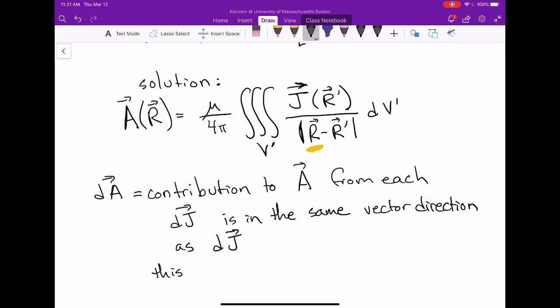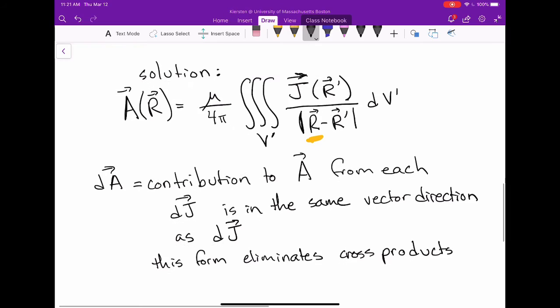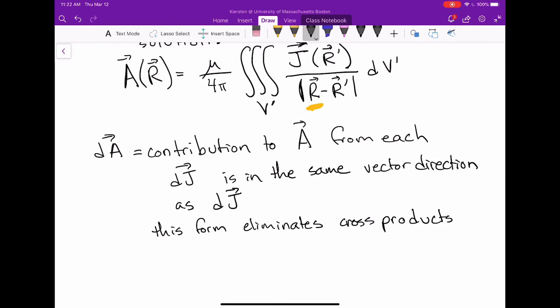So this form eliminates having to do any cross products in your integral for the solution.